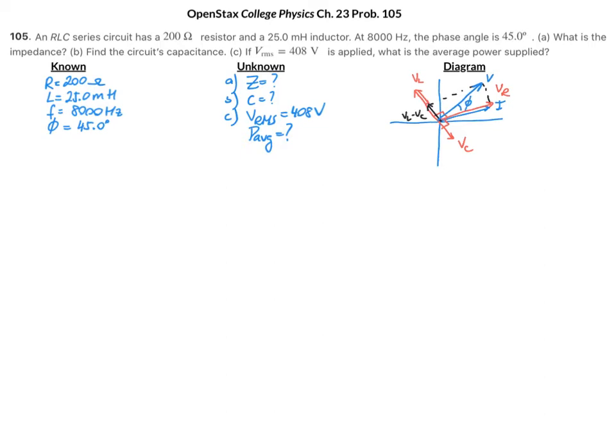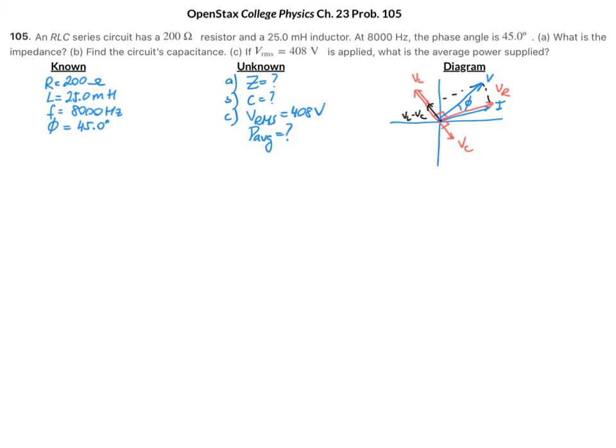So if I look at the quantities we're given and do the trig, then I see that the cosine of phi is going to be the adjacent, so that's V sub R divided by the voltage. Now the problem is that I don't know the voltages and I don't know the currents, but the current is the same through all of the different components.